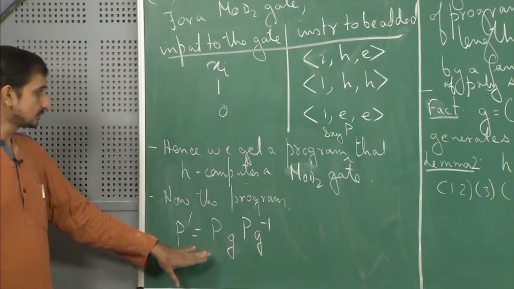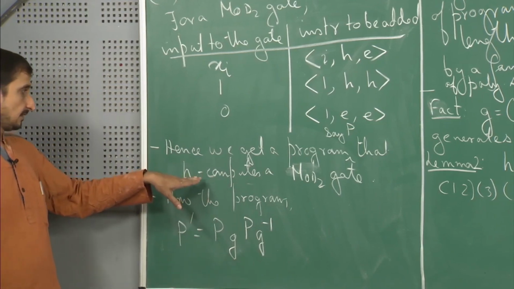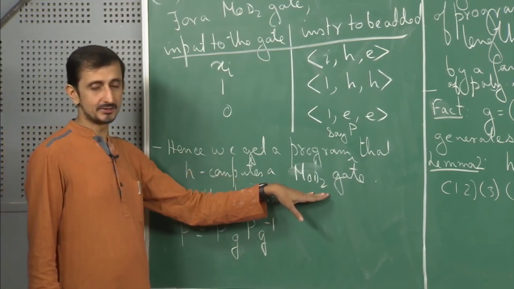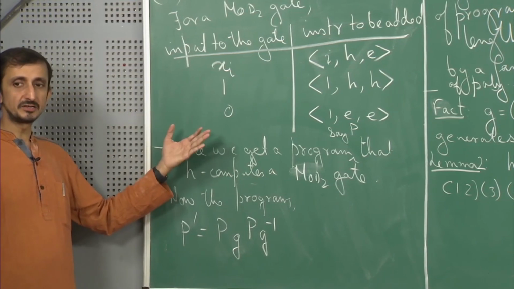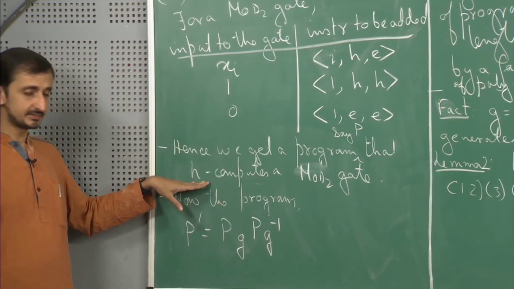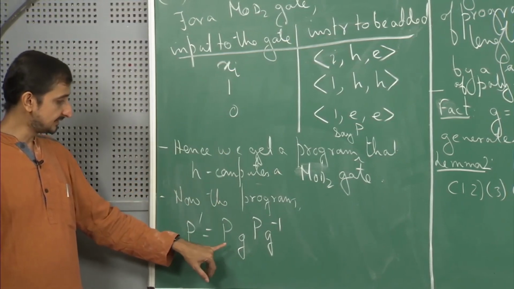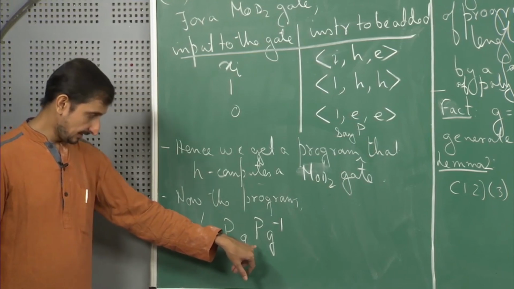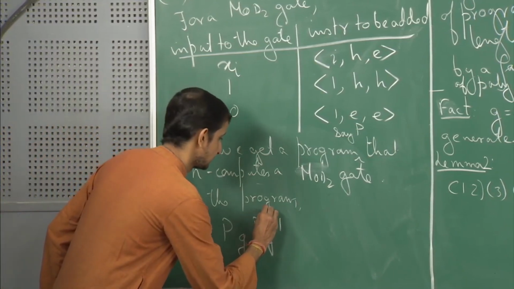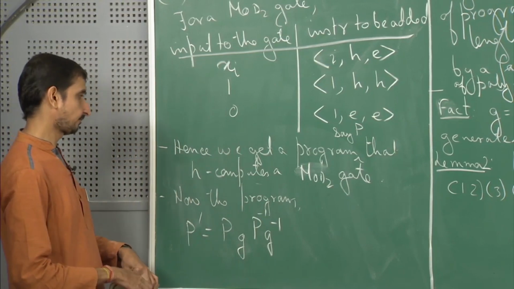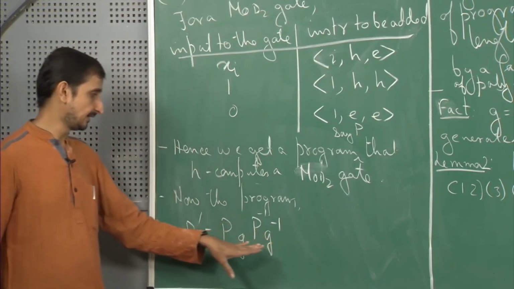Okay. So suppose this mod 2 gate evaluates to 1, then in the branching program we get the permutation as H. So here what we get is H G, and P inverse is also H for us.